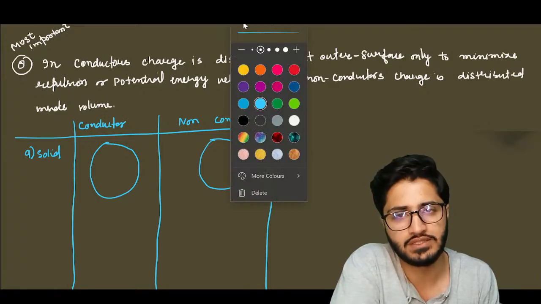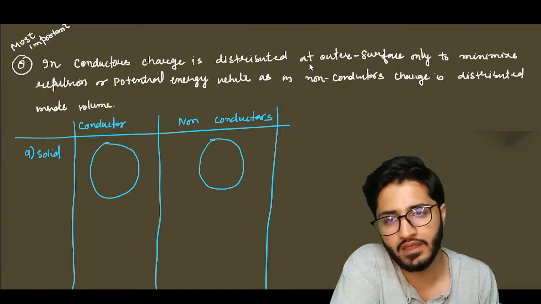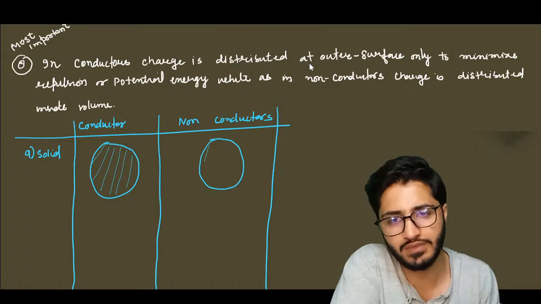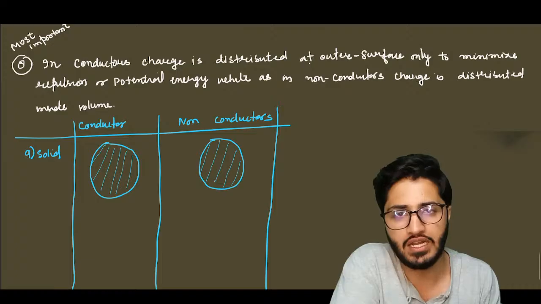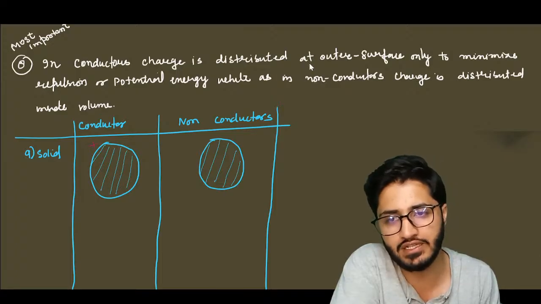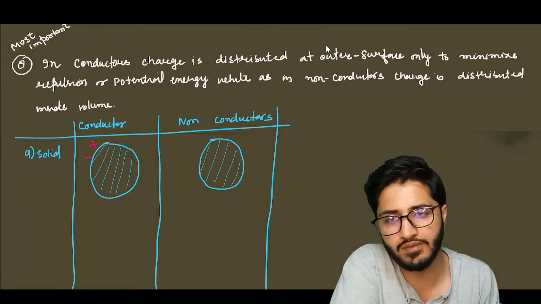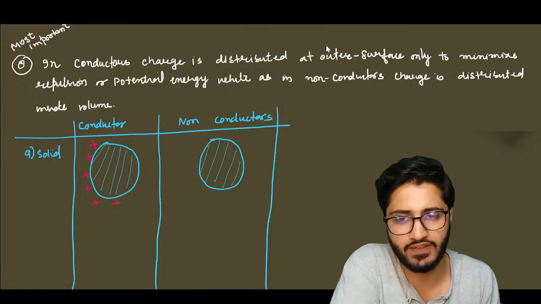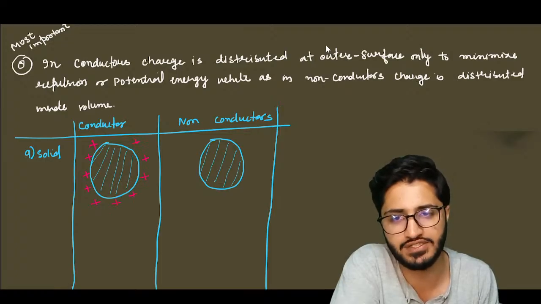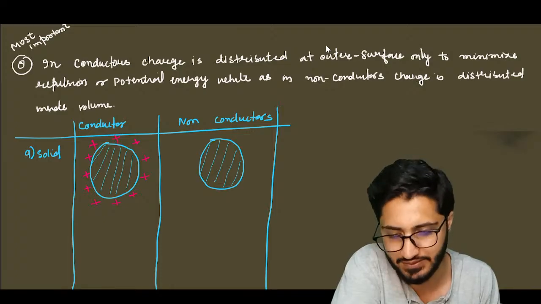Just like we have a disc, it is solid. So mass is throughout the body here. This line represents mass is present. And if we are giving charge, in a conductor, charge will be only on the outer surface, because if we have the maximum distance, maximum distance means minimum potential energy.